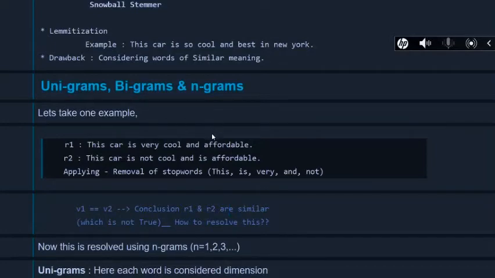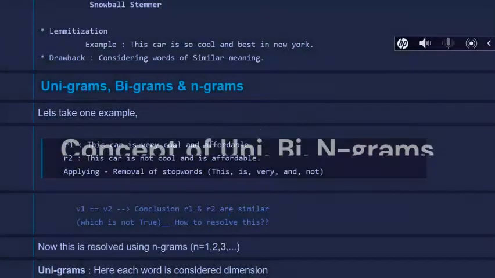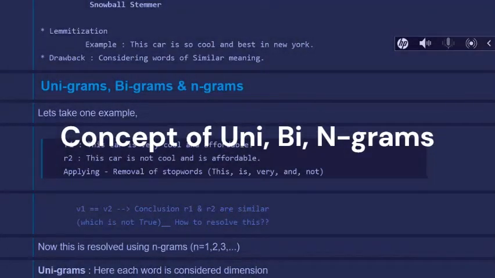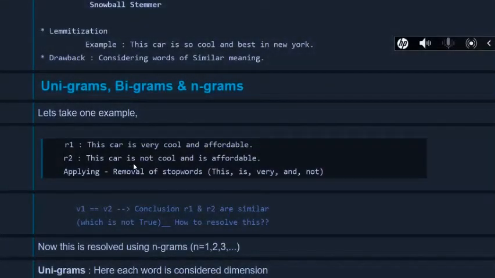Okay, about the algorithm part and how it is implemented, let's start with one example written over here: we have review textual data. Review 1 is: this car is very cool and affordable, and review 2 is: this car is not cool and is affordable.